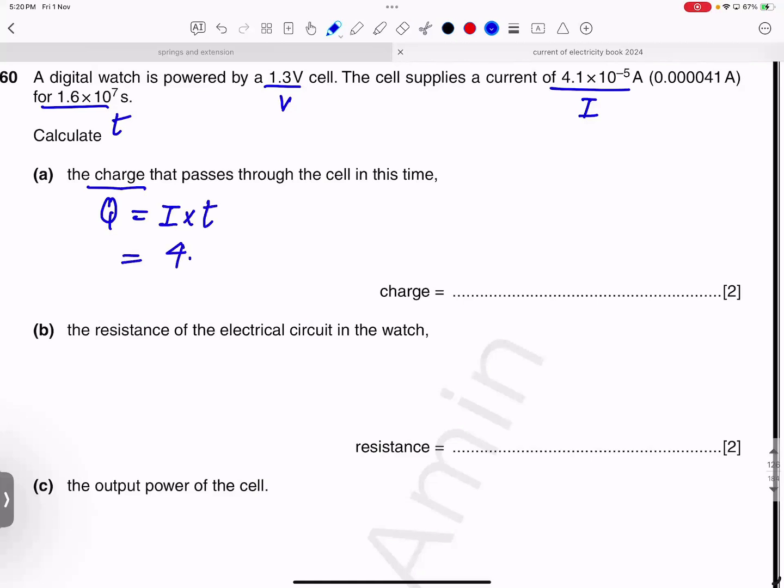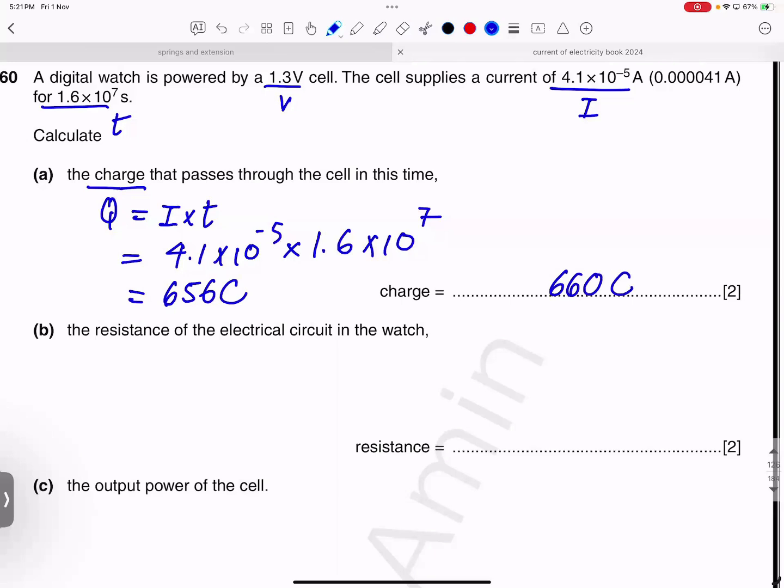I is 4.1 into 10 power negative 5. T is 1.6 into 10 power 7. 656 coulombs. You can write 656 coulombs exactly if you want.